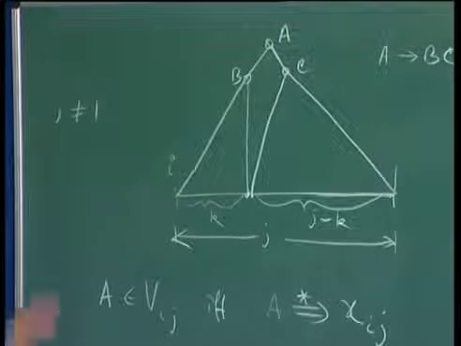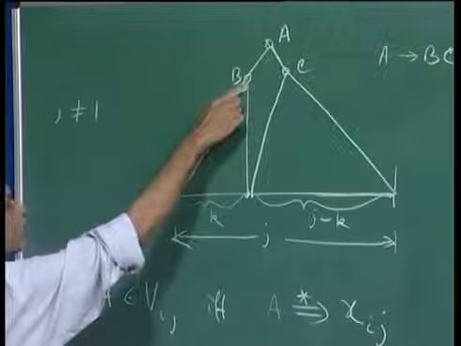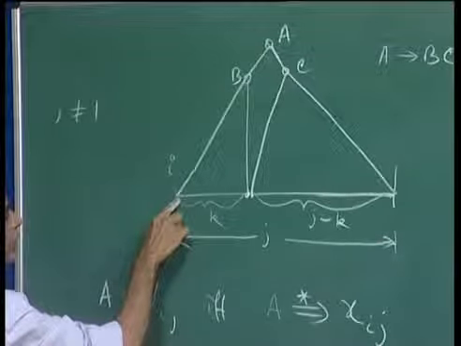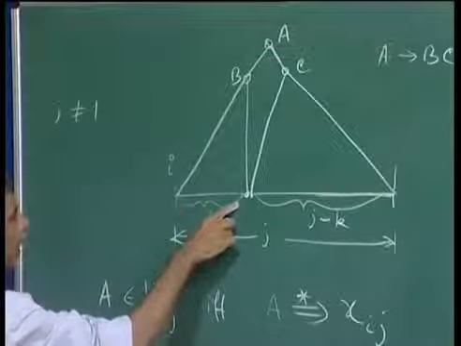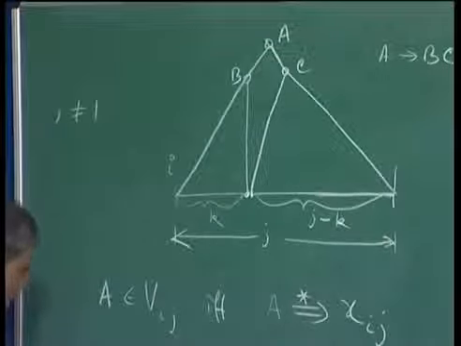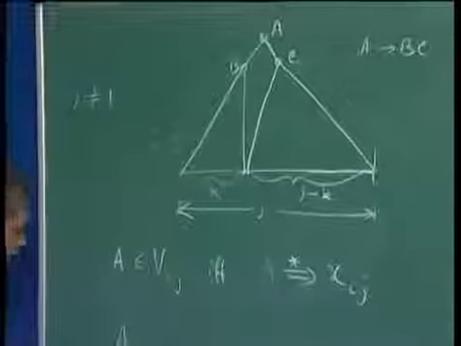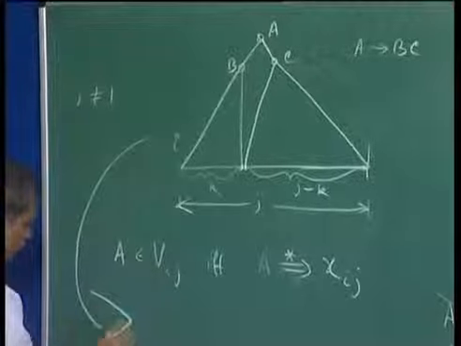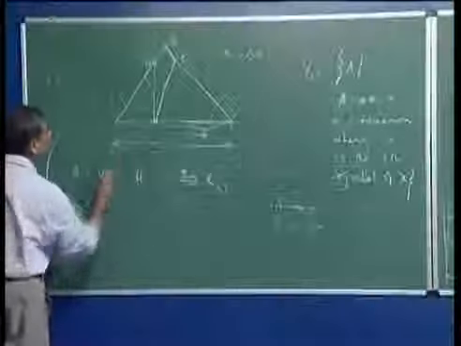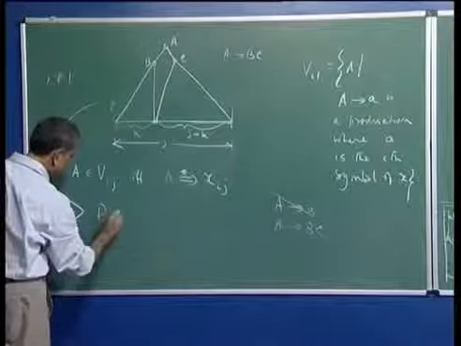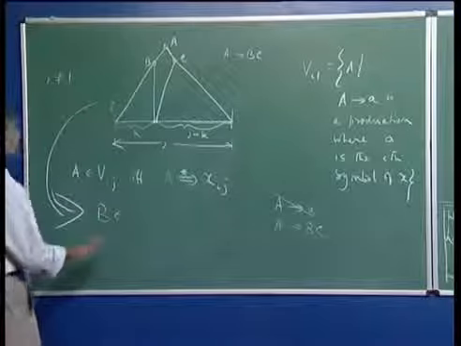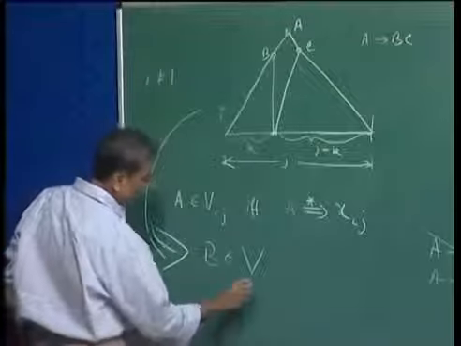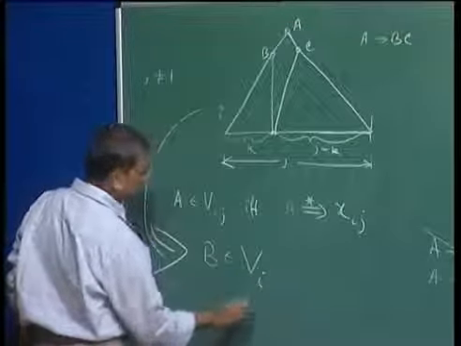Clearly B is a non-terminal which generates the substring of length k starting at i. In other words, B has to be a member of Vik.